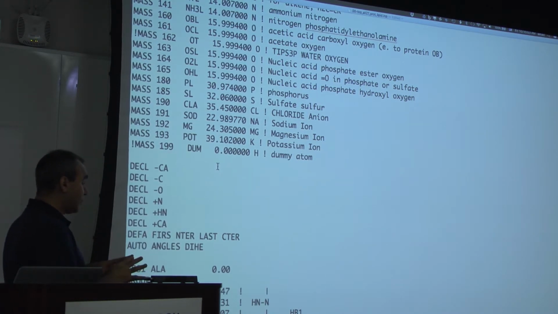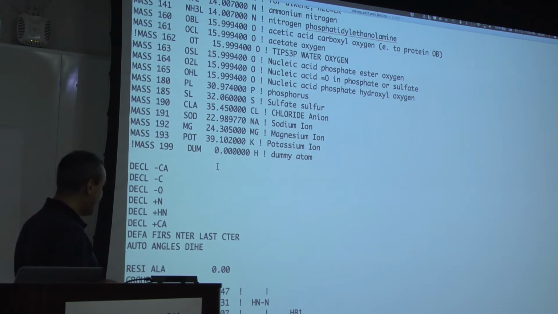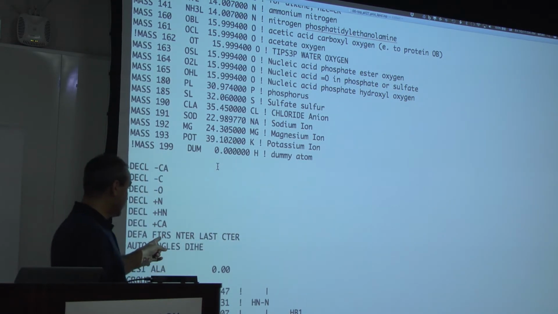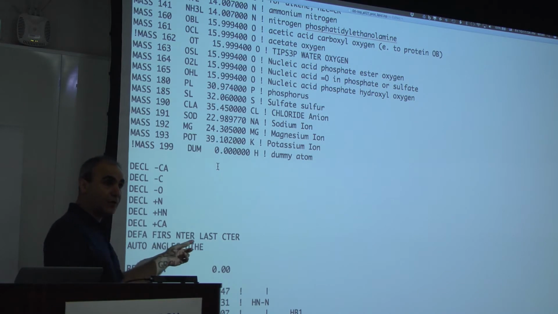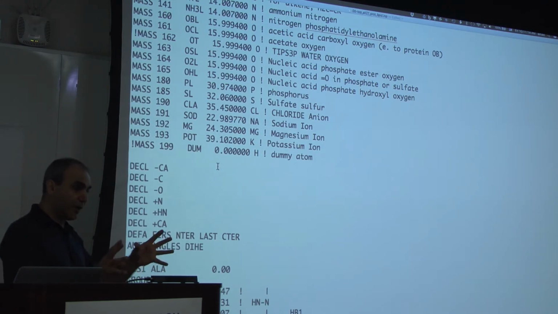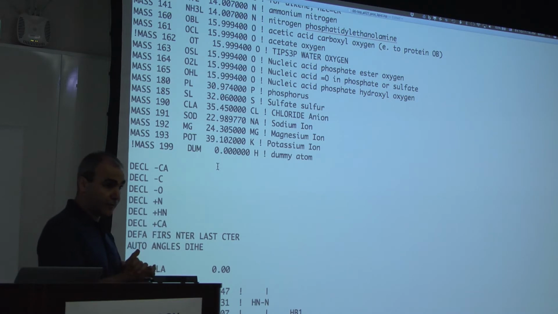If you want to shut down or deactivate this behavior, you have to specify that somewhere. For example, if you have a segment of water, it doesn't make sense to try to patch the first water molecule in your water box by this and that. By default, all the angles and all the dihedral angles are automatically generated for you, so you just have to specify bonds.